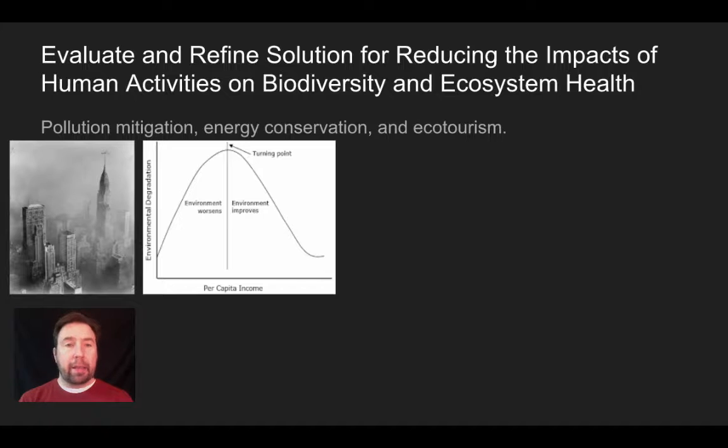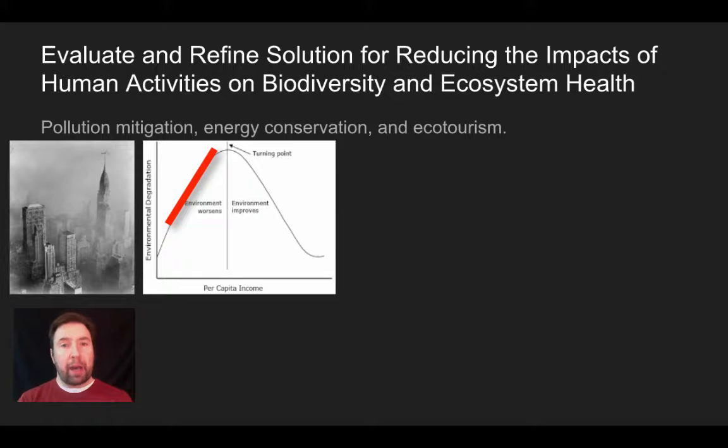Next to that, I have this graph which shows the general trend that as per capita income increases, in other words, as a country becomes more westernized, for lack of a better term, we see for the first portion of that development an increase in environmental disruption.